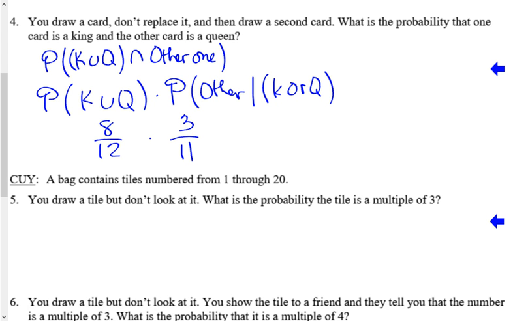So our notation looks kind of goofy, but are there questions with our process there? We're okay with that? Okay, so this would give me, if I was to simplify it down, 2 11ths, I think.